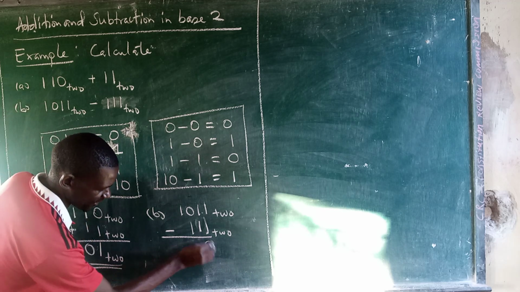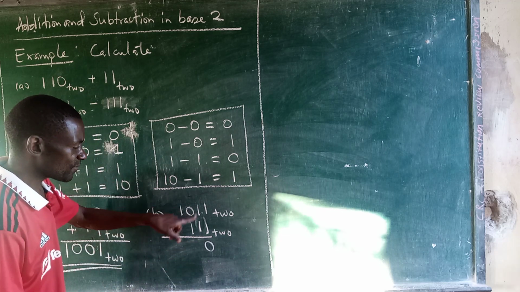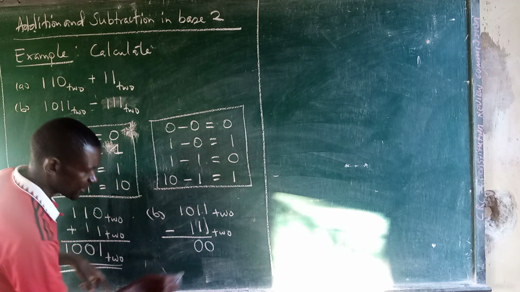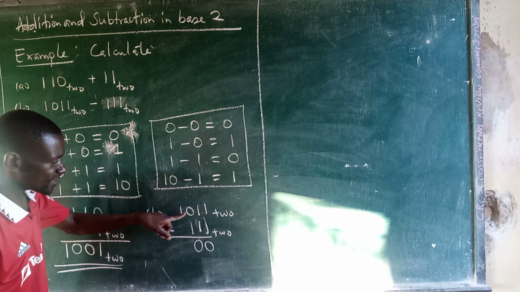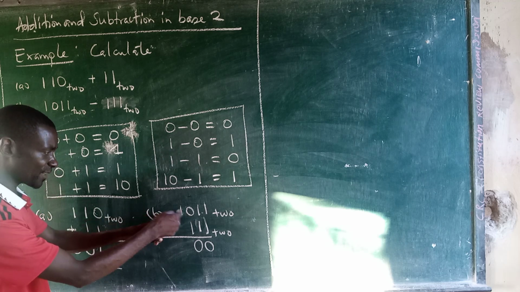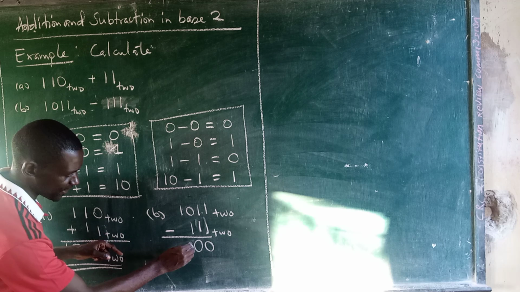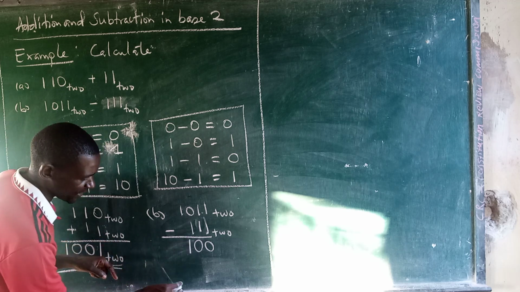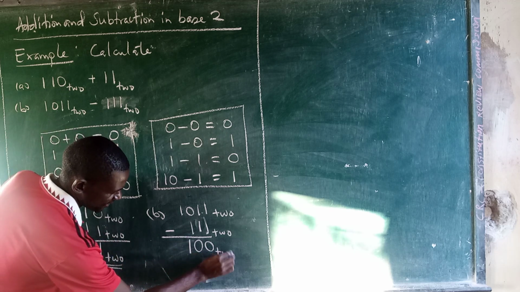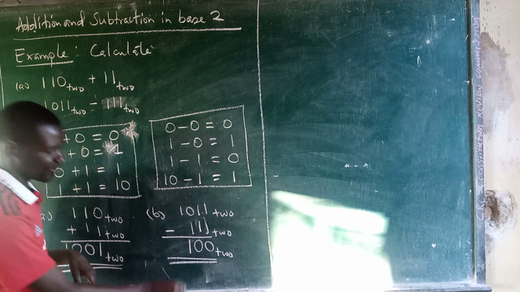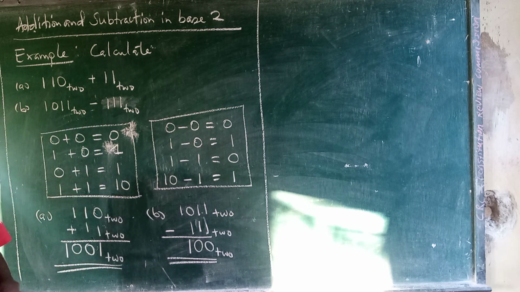So we'll write 0 here. Then again, 1 minus 1 is 0. Then this 1 0 minus 1, if we get a 1, it will still become 1 0. 1 0 minus 1 will now give us 1. So we'll write 1 here. That is in base 2. And so that will be our answer.